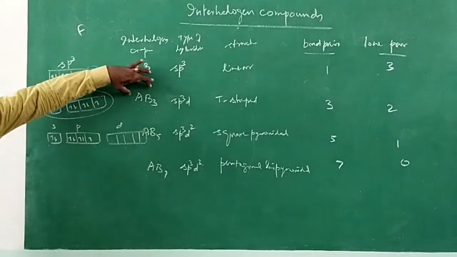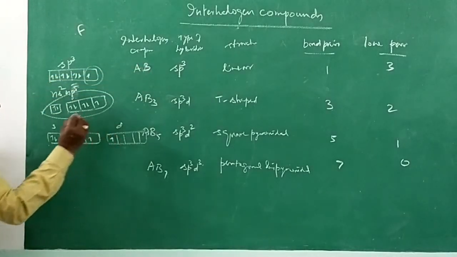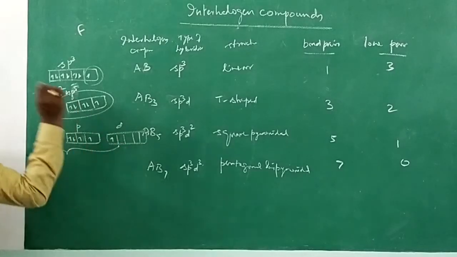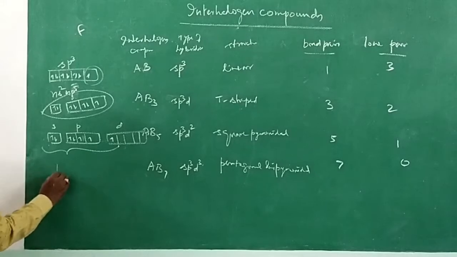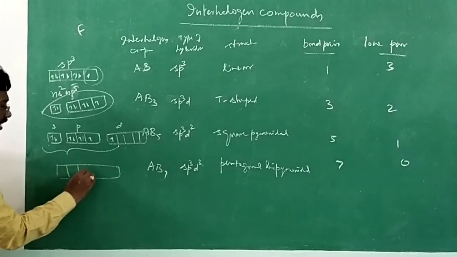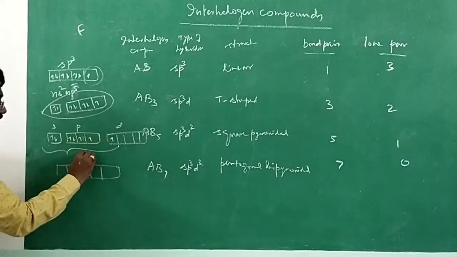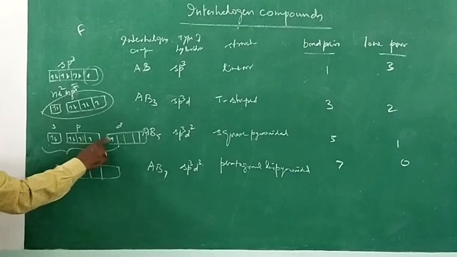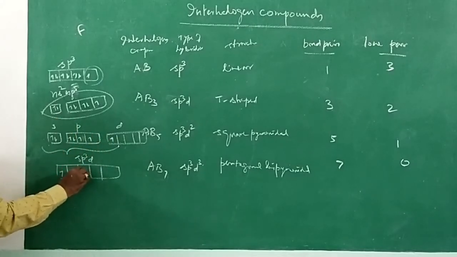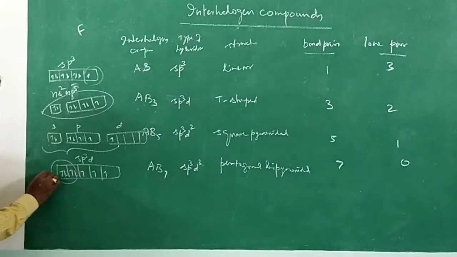But when it is making AB3, what is happening? 1 electron from here is shifted here to give these orbitals, and these are getting involved in hybridization, said to be sp3d hybridization. Therefore, totally 1, 2, 3, 4, 5, 6, 7 electrons: 2 lone pairs and 3 singly filled orbitals.